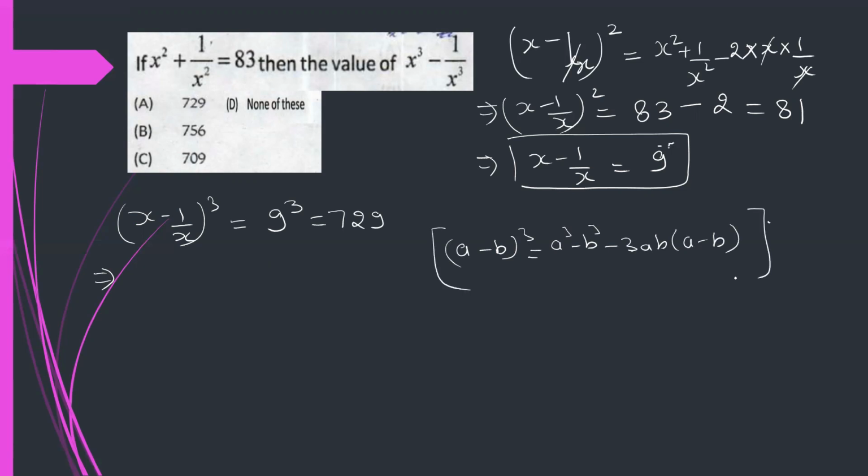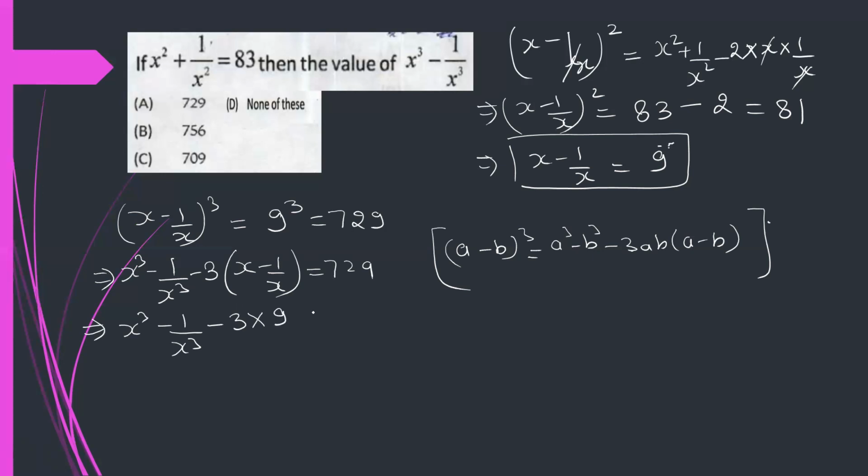Using the formula, we get x cube minus 1 over x cube minus 3 into x minus 1 over x, which is 9, equals 729.